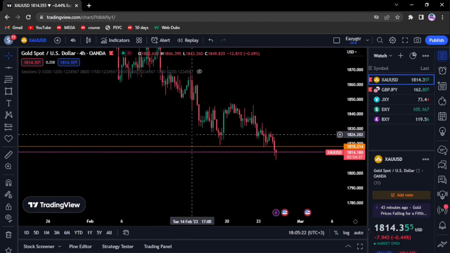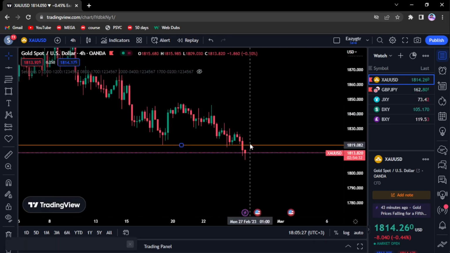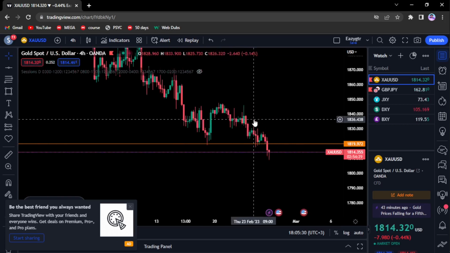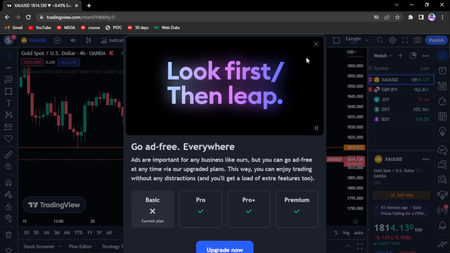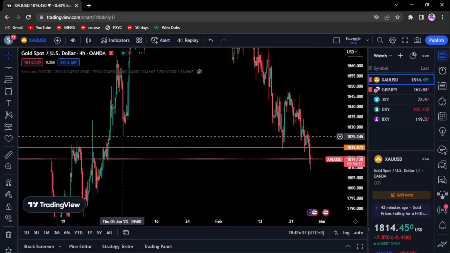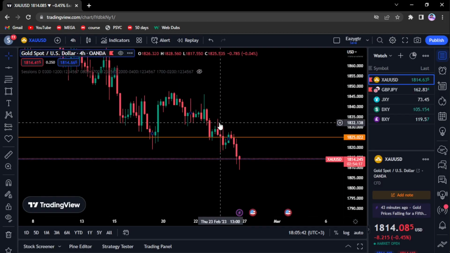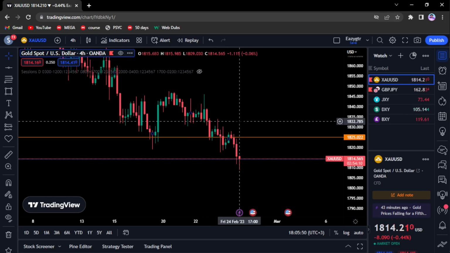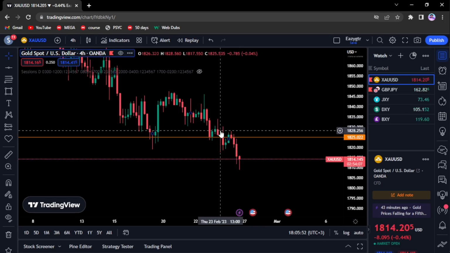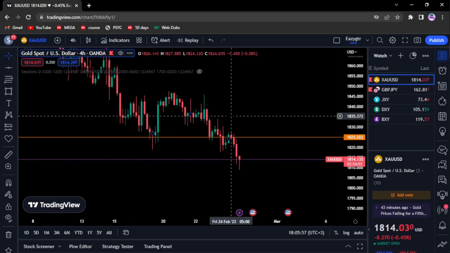So 4-hour levels are the strongest. As you can see, this is what happened. And you also don't want to scroll that far back, because you want the most, for lack of a better word, let's say beneficial, the most recent key levels.